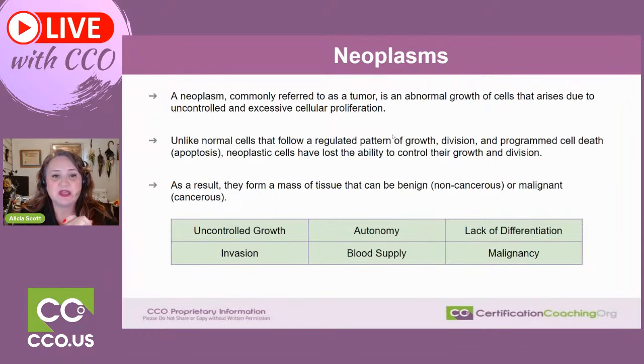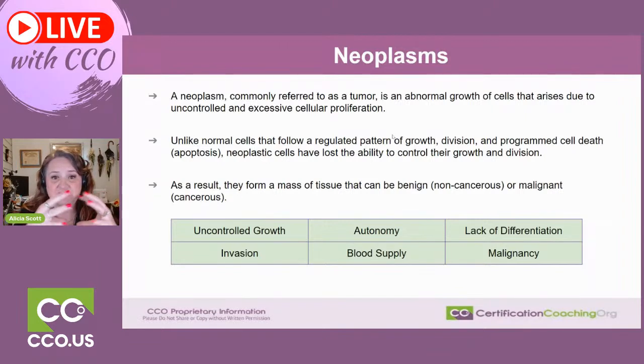And also, we need to remember that unlike normal cells that really follow a regulated pattern in growth, whenever it can be classified as a neoplasm, we have division that is abnormal. We have the cells not working the way they were programmed to work, and they have lost their ability to control their growth and division.